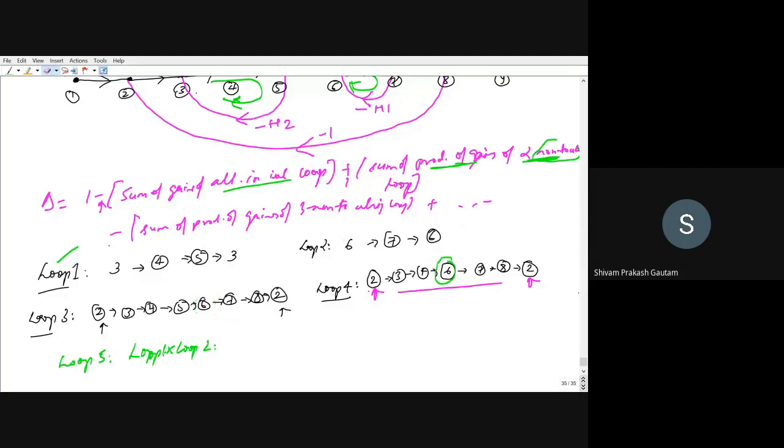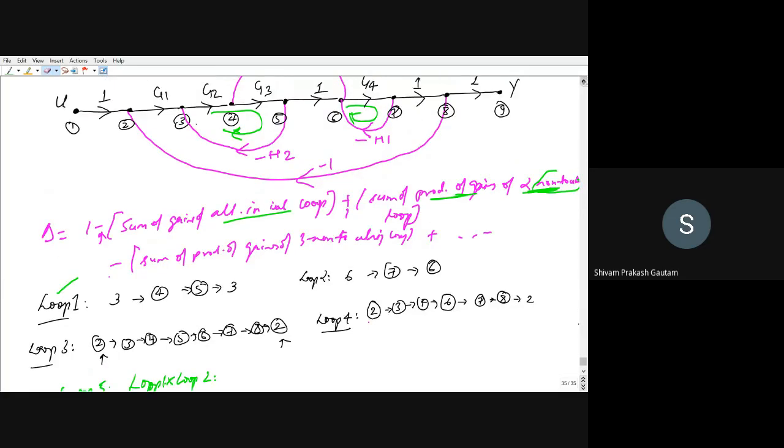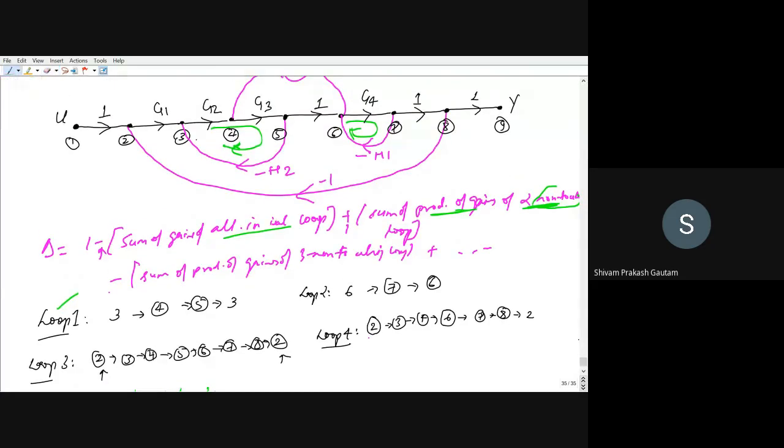Okay. So for the first loop, loop 3, that is from node 3 to node 4 to node 5. Between node 3 to 4, what is the gain? G2.